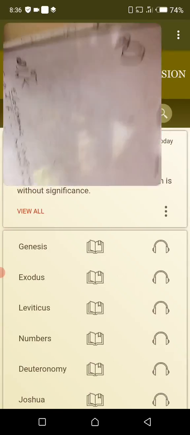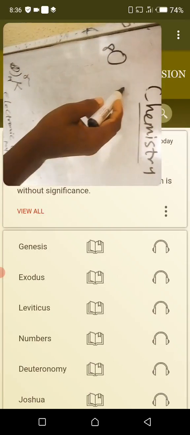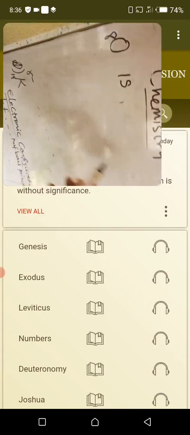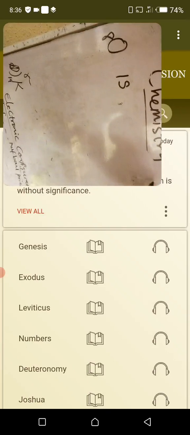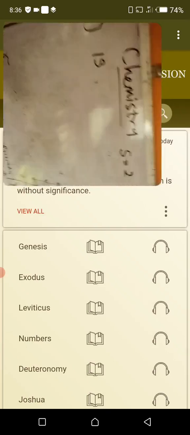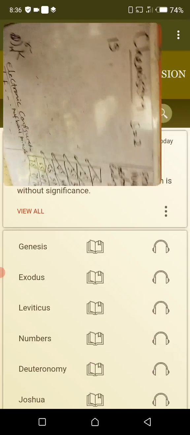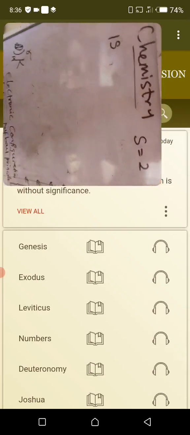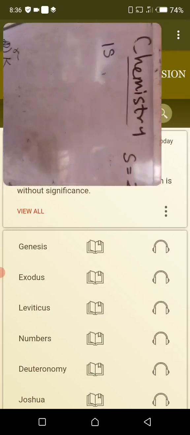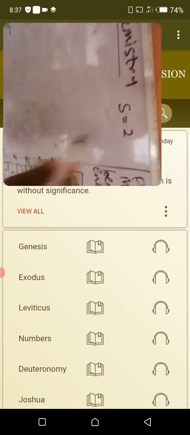Starting from the beginning, there is 1s, and all these s letters carry a maximum of 2 electrons. It can have 1, it can have 2, but it can't have 3. 2 is the maximum number of electrons that s can carry.